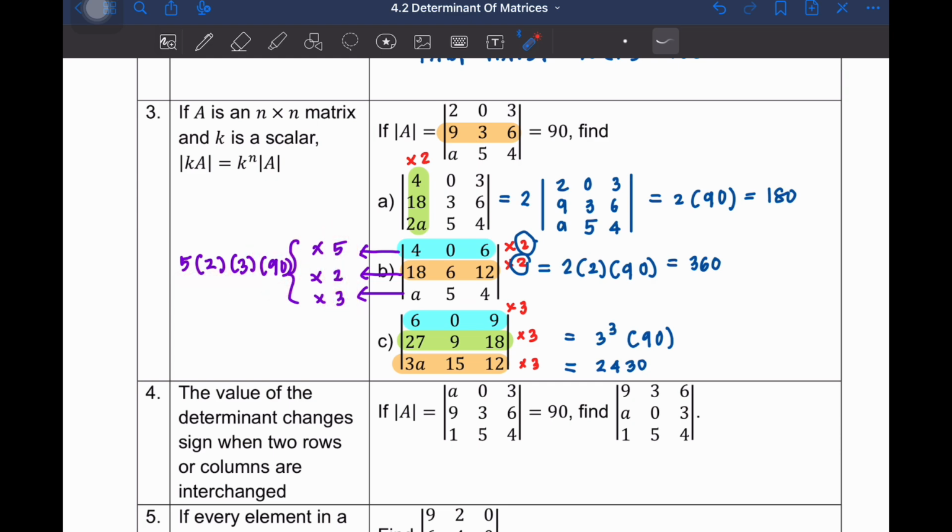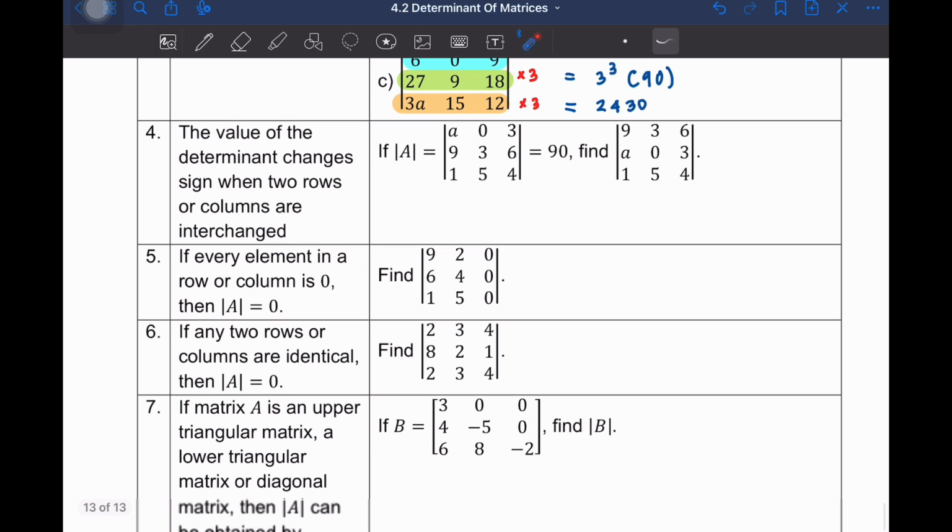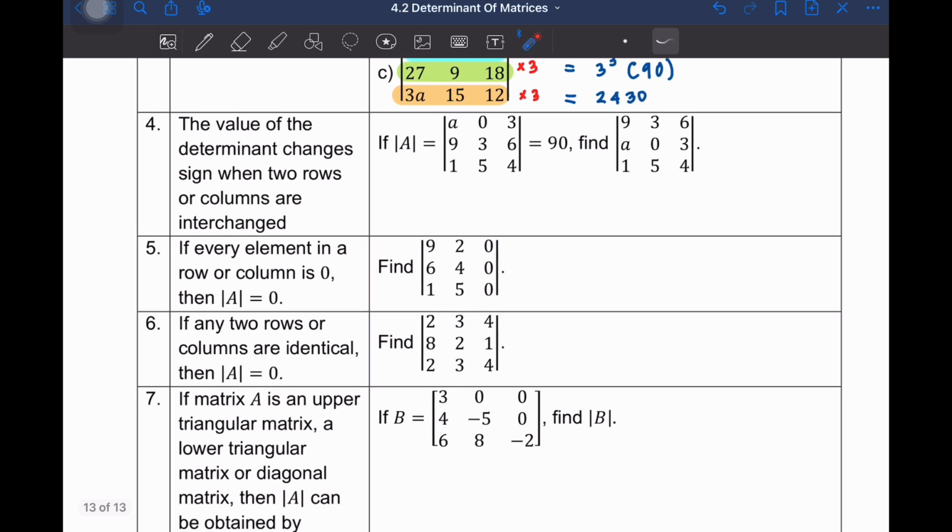Contoh. Okay. So, property number 4. The value of the determinant changes sign when 2 rows or columns are interchanged. Diorang punya kedudukan ni berubah. So, let's see. So, we have determinant of A, matrix A. So, perhatikan perbezaan dia. So, saya perasan yang this row dah tukar dekat sini, and then this row tukar dekat sini.